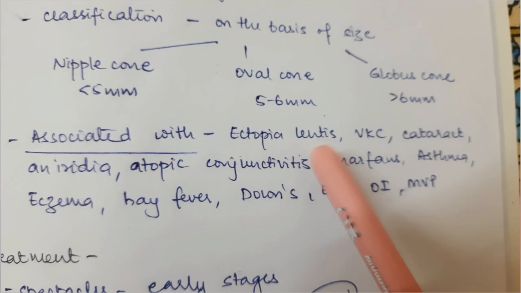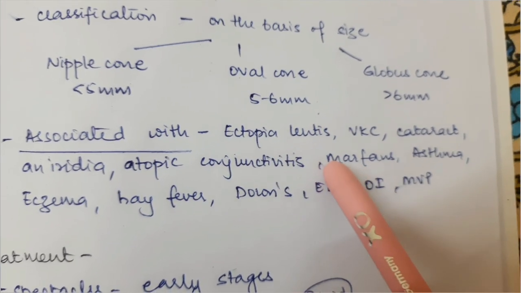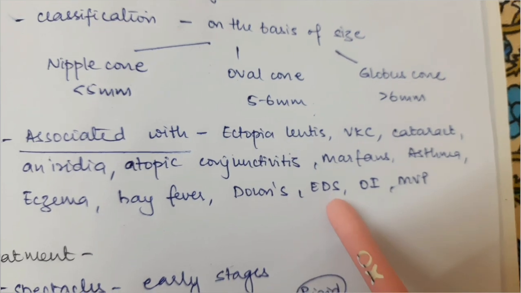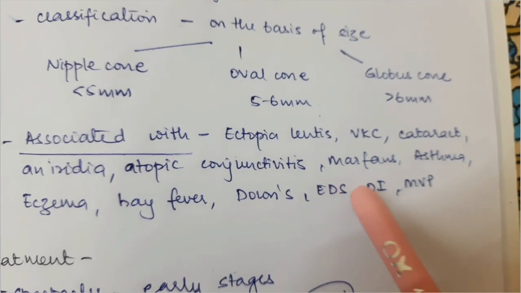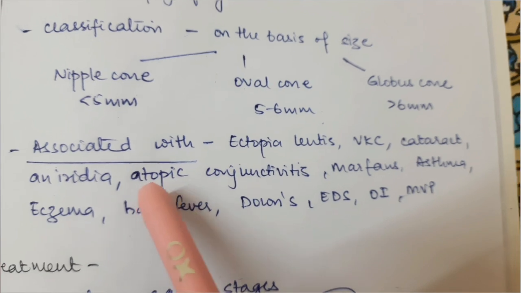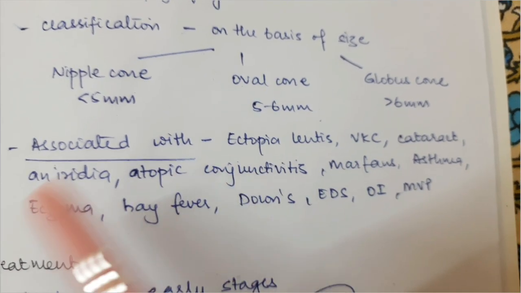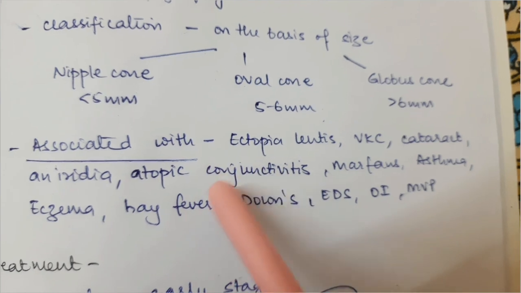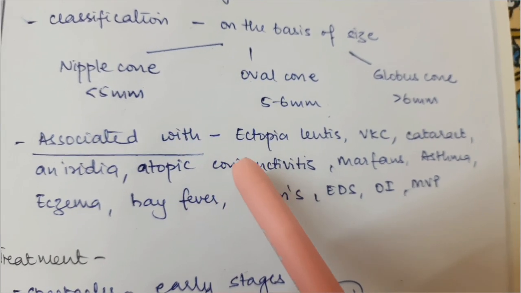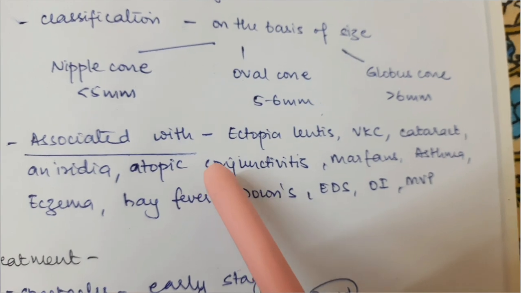So if you observe here, the different kinds of conditions that we are getting are either connective tissue disorders which lead to defective collagen formation, or we could have allergic, hay fever, eczema, asthma, atopic like conditions in which the patient tends to rub the eye too much, and that can also lead to degeneration of the cornea and ectasia.